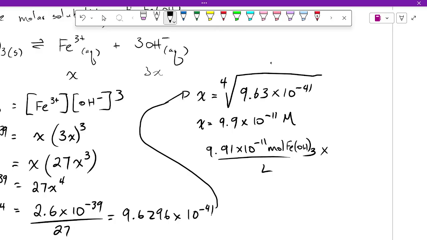times, and we need the molar mass. 16 times 3 plus 55.8. 106.8.